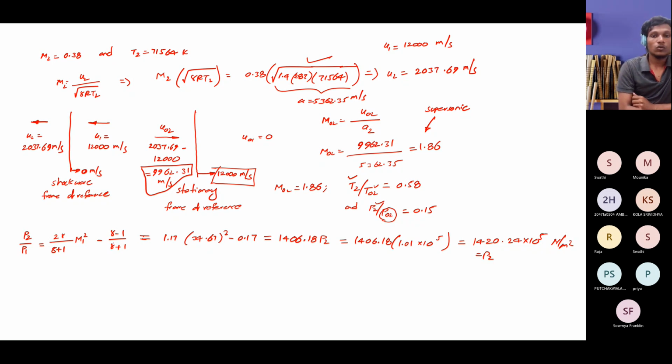To calculate P02, and the second thing, T02, let's use these relations.